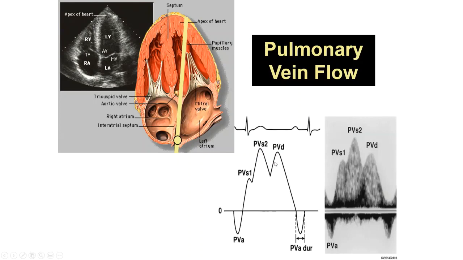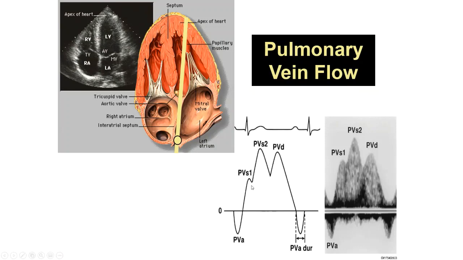The D wave basically has the same characteristic and timing as the transmitral E wave. I think of this as replacement blood. Mitral valve opens, blood comes into the left ventricle, replacement blood comes into the left atrium through the pulmonary vein in diastole.